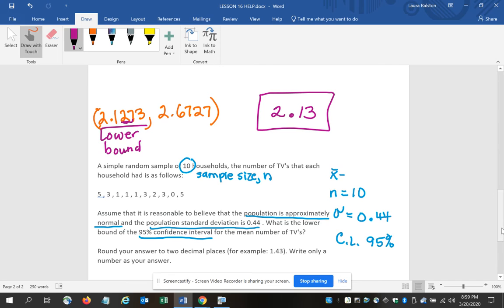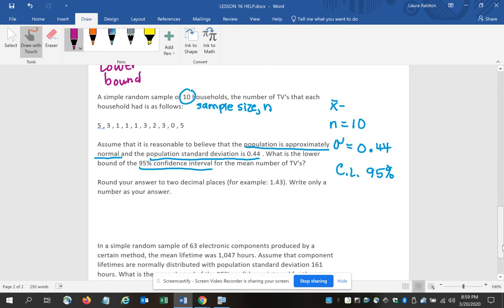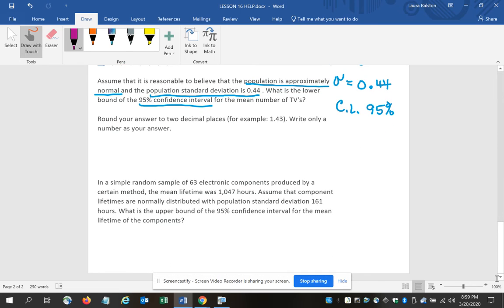And then I think I have an example of the other type. Okay? So let me scroll down. It says, in a simple random sample of 63 electronic components produced by a certain method, the mean lifetime was 1,047 hours.